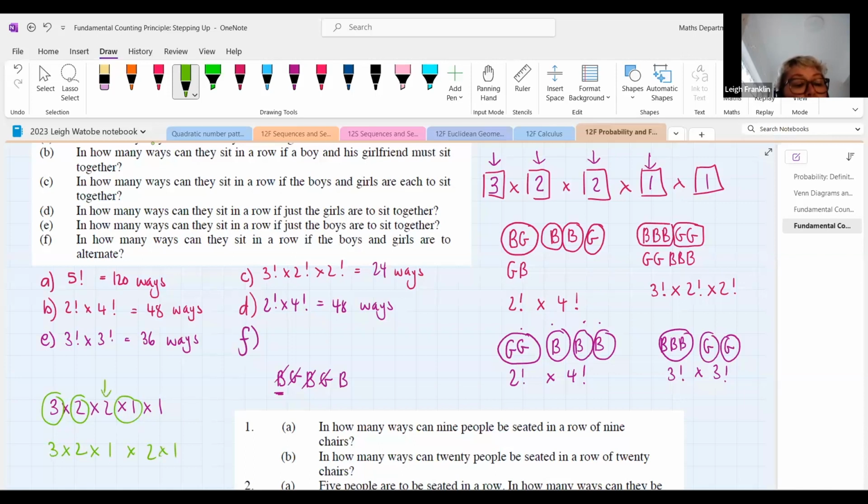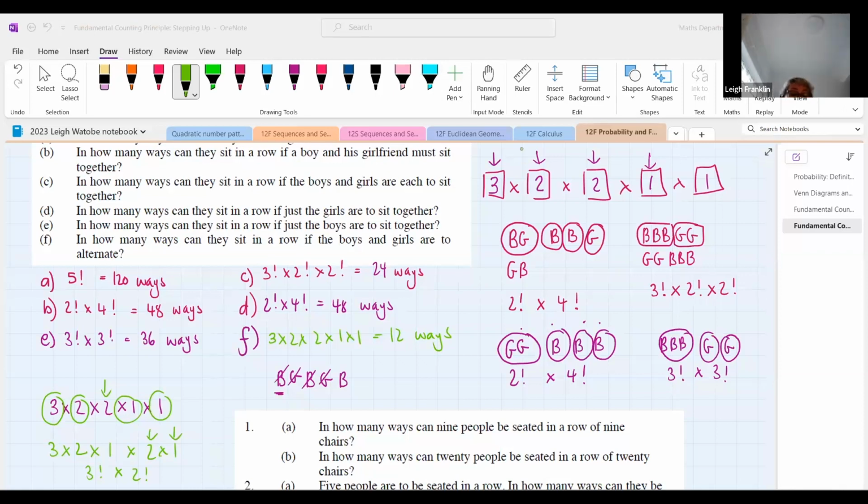So the last 2, that's this 2 over here, and that 1 over there is going over here. So we've got 3 factorial by 2 factorial. Or you can just say 3 by 2 by 2 by 1 by 1. It's exactly the same thing. Does that make sense to everybody? So yes, Leanne, there are 12 ways in which that can happen.